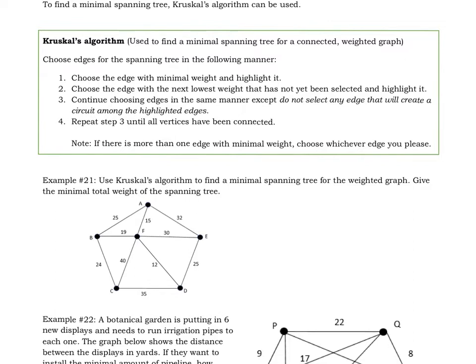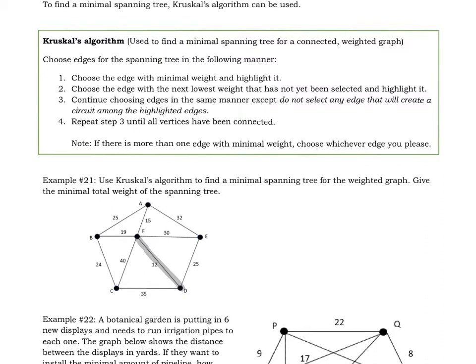Okay. So as I look at this particular graph, it looks like my edge with the minimal weight is from F to D. It has a weight of 12. It says on step 2, choose the edge with the next lowest weight that has not yet been selected and highlight it.